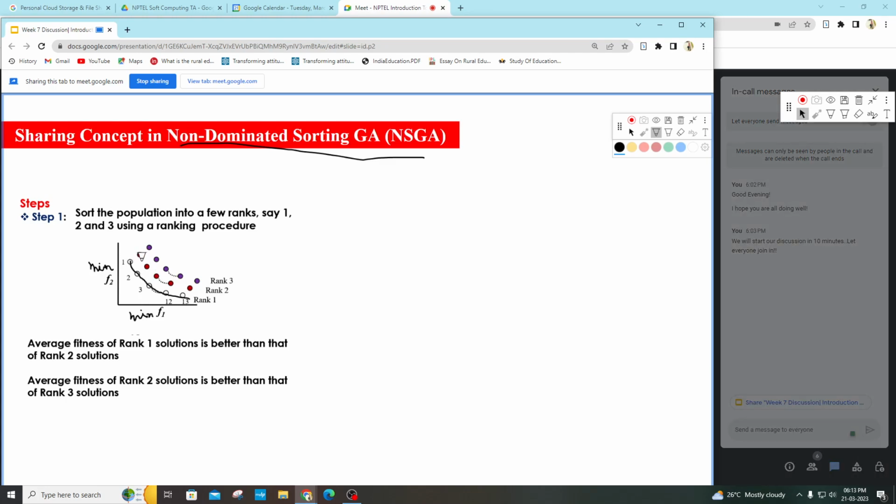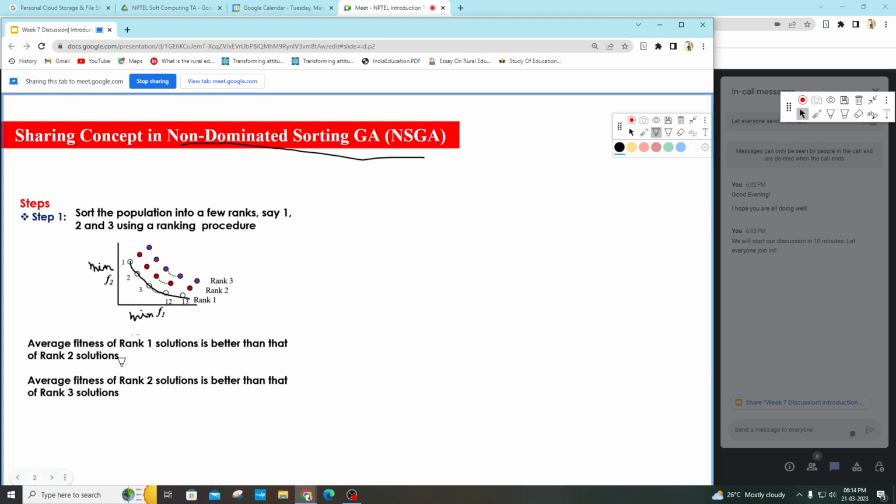So all the points in rank 1 are dominating all the points in rank 2 and rank 3. Similarly, all the points in rank 2 are dominating all the points in rank 3, and all the points in rank 3 are dominated by the points in rank 1 and 2. So this is the thing.